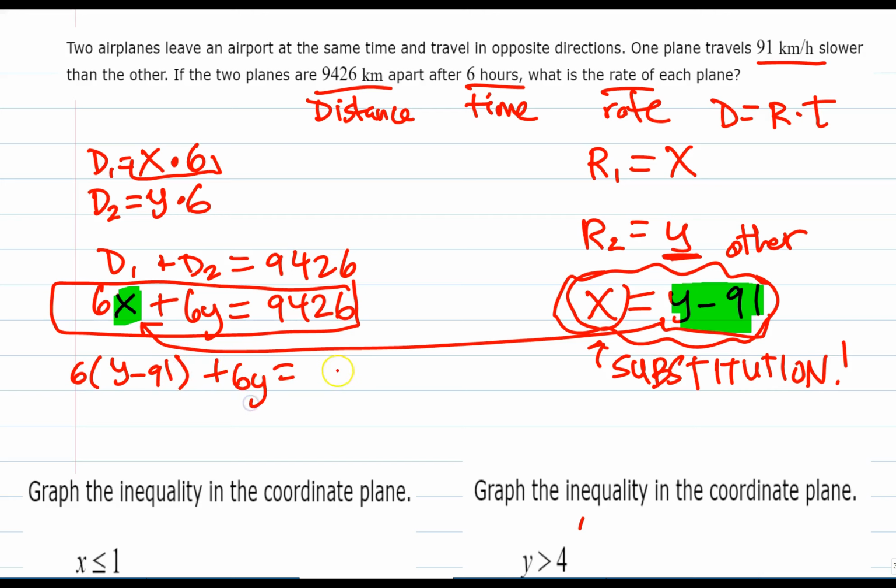Plus 6y is equal to 9426. Can you solve this? Take the 6 and what with a d? 6y minus about 546 plus 6y is equal to 9426.